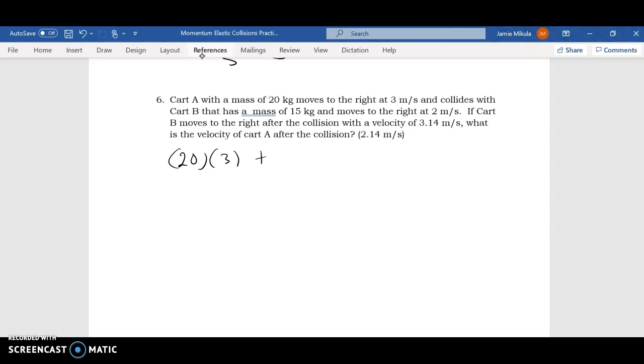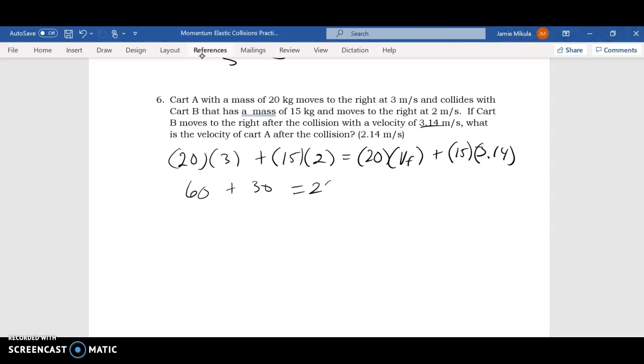All right, number 6, 20 kilograms moves to the right at 3 plus 15 kilograms moves to the right at 2 equals 20. Wants to know what that cart does. Plus 15, and that one moves to the right at 3.14. All right, so 60 plus 30 is 20 VF plus 15 times 3.14 is 47.1.